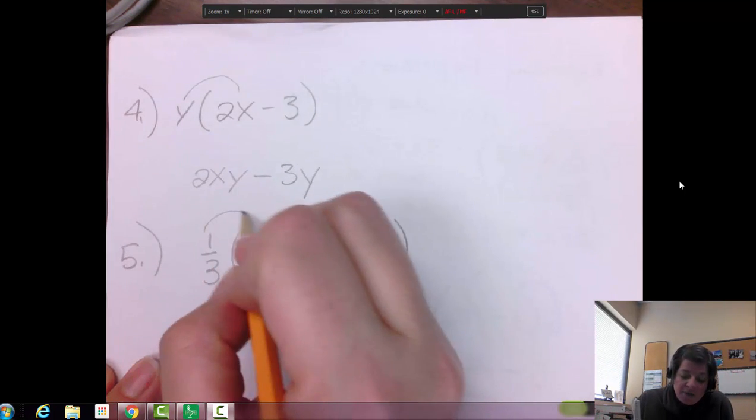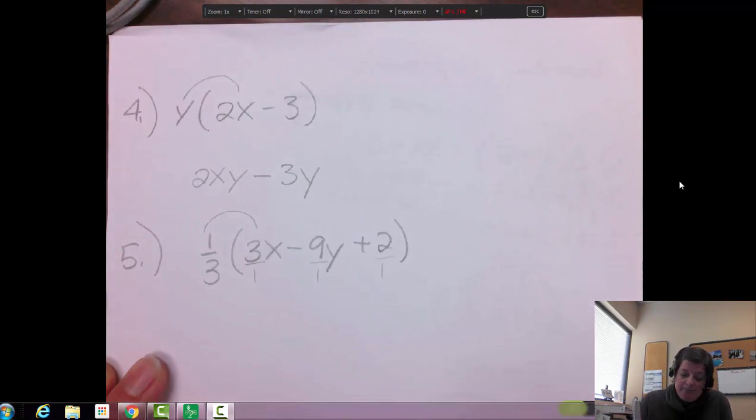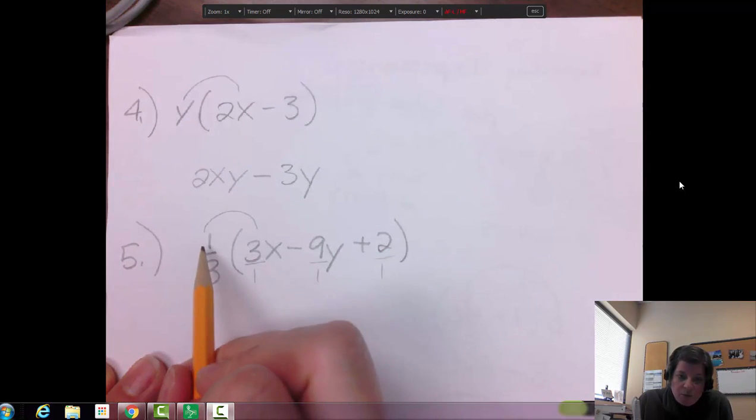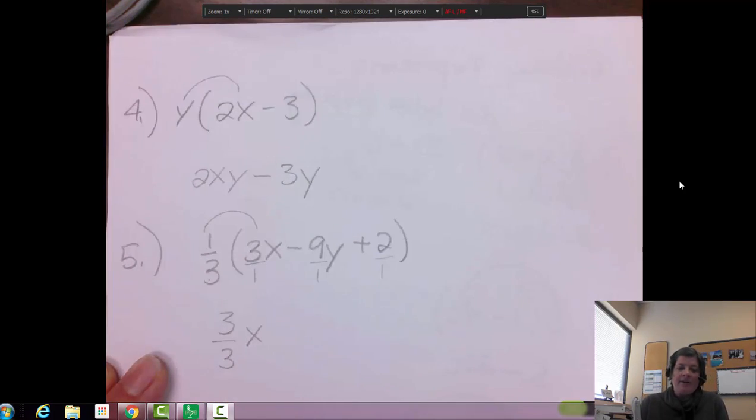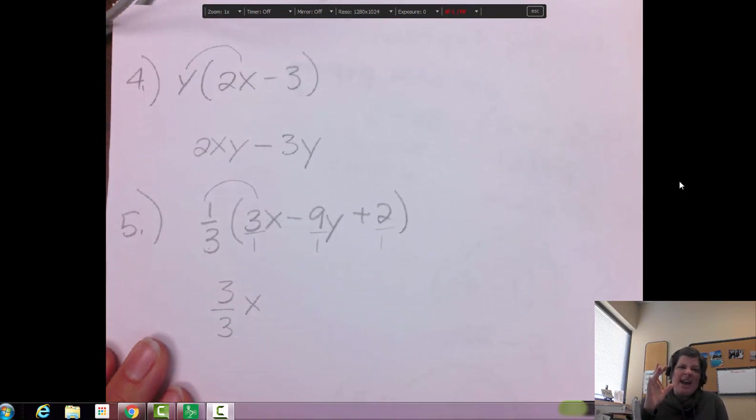So 1/3 times 3x. Well, think of this as 3 over 1, so 1 times 3 is 3. 3 times 1 is 3, and keep our letter, our x. We'll simplify it in a minute because we know 3 divided by 3 is 1.